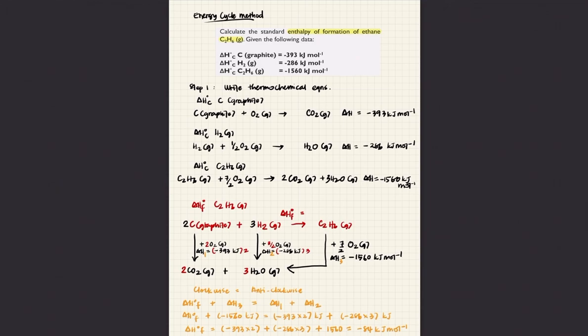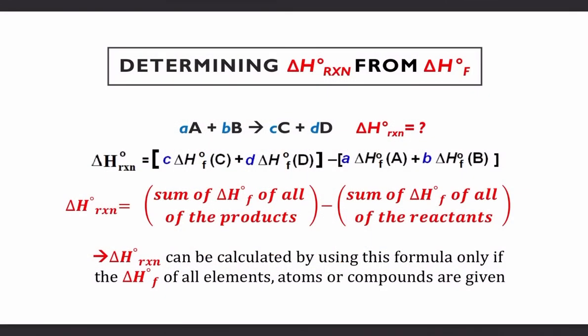Right. Besides that, we can also find the enthalpy change of the reaction from enthalpy of formations. So let's say this is our chemical equation. We want to find the enthalpy change for the reaction, be it combustion, atomization, neutralization, whatever.